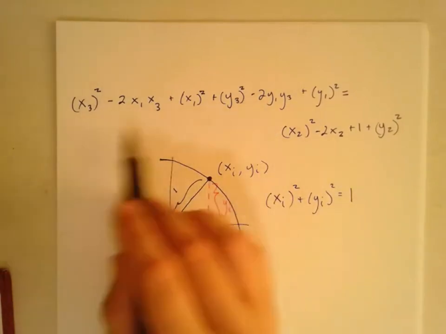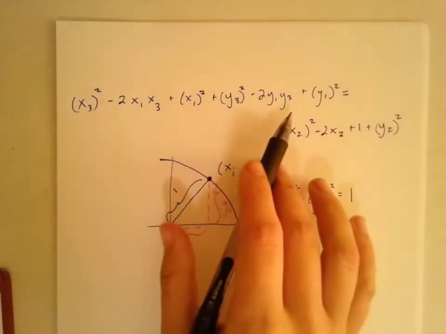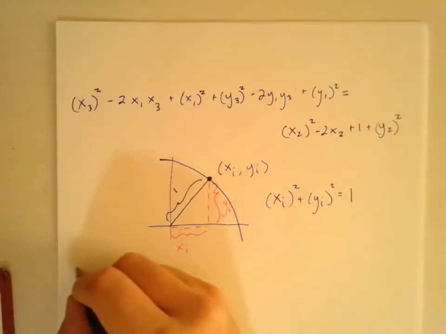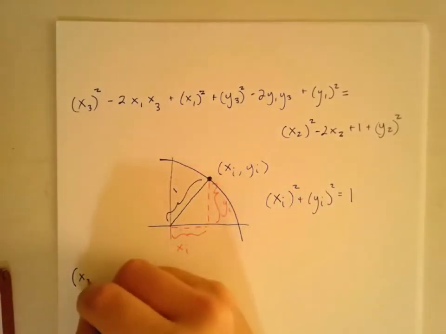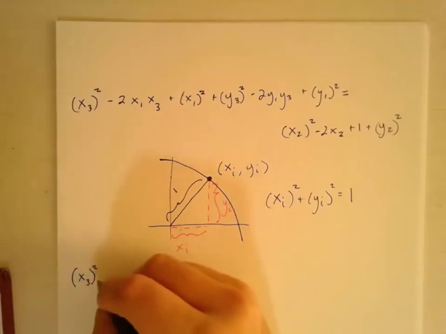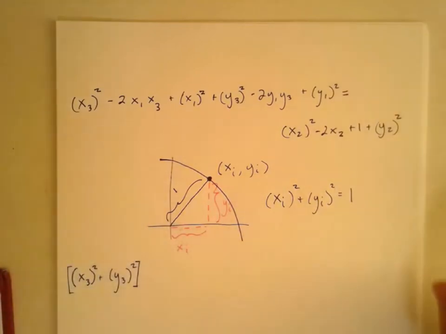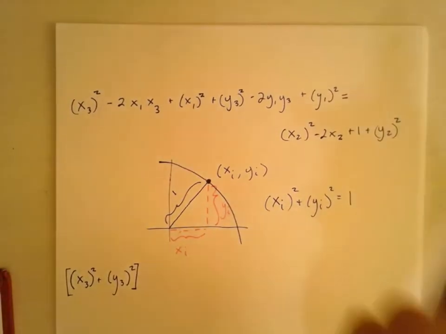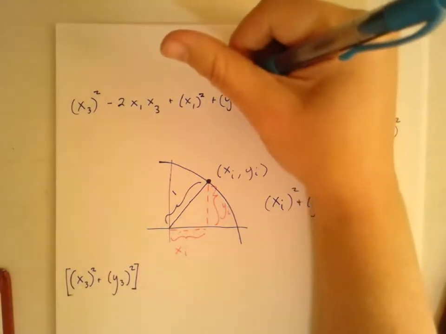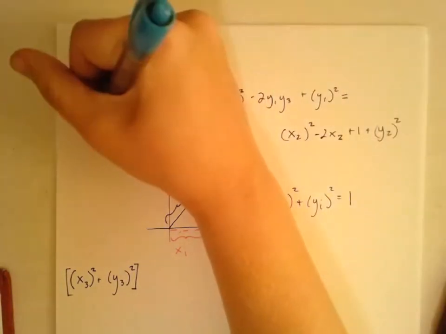When I group together on the left side, I'm going to group together my x sub 3 squared and my y sub 3 squared. I'm going to probably put those in brackets. Alright, so that's crossed off now. I talked about my y sub 3 squared and my x sub 3 squared.